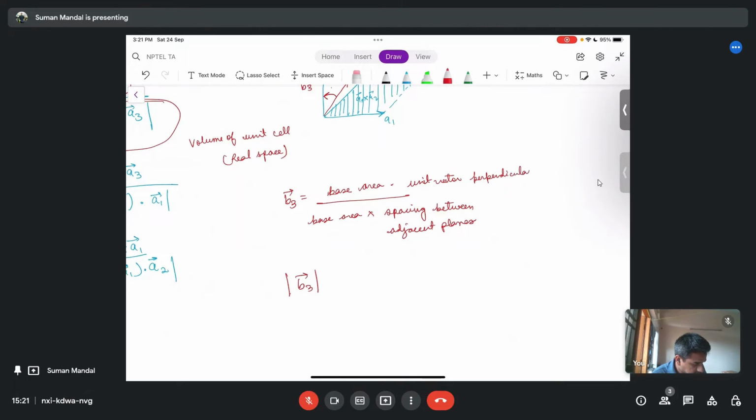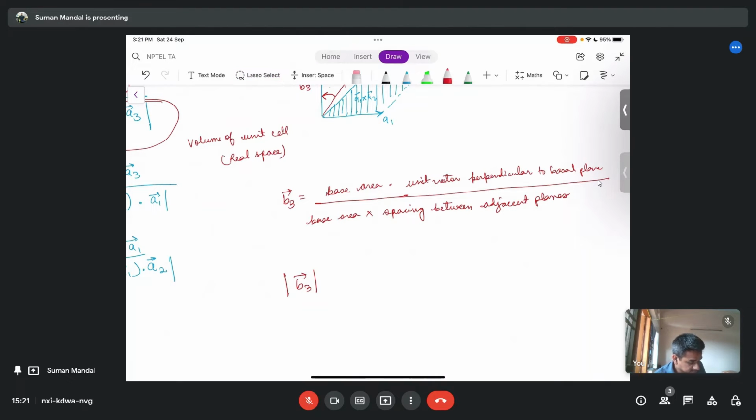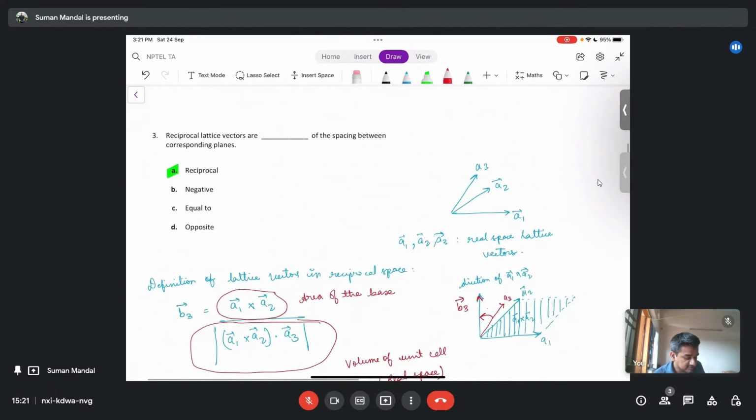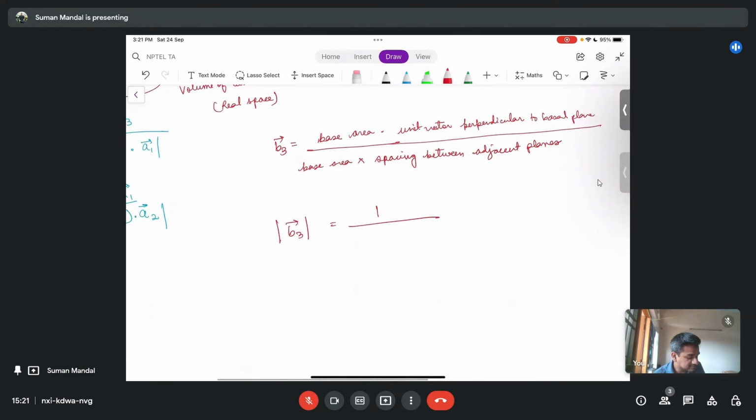perpendicular to the basal plane. And now if we take the modulus, it simply becomes 1 by the spacing between adjacent planes. So they call it corresponding planes, it's the same thing as adjacent planes.